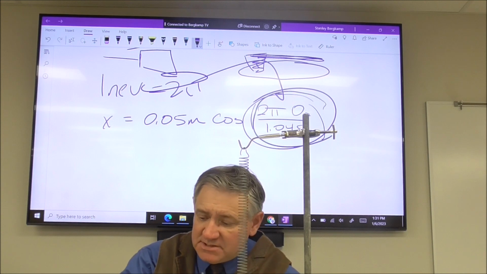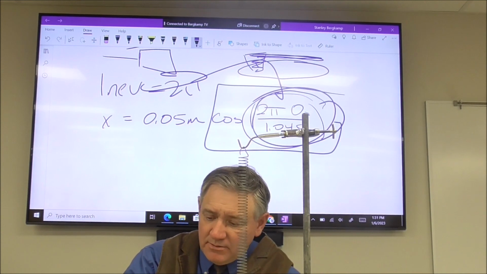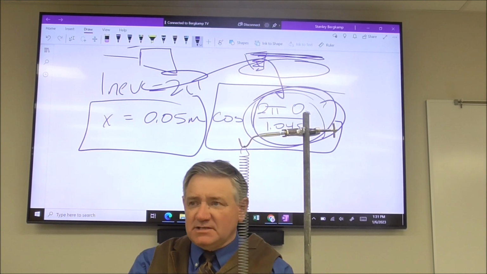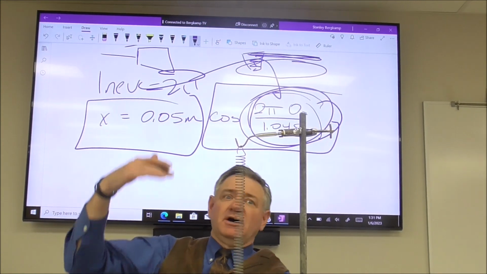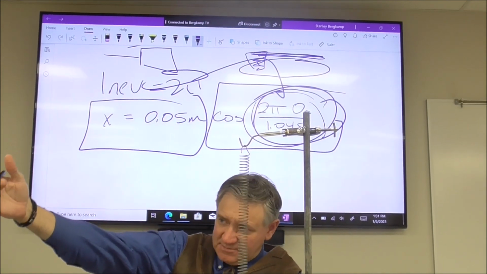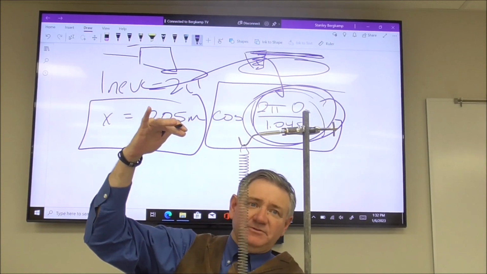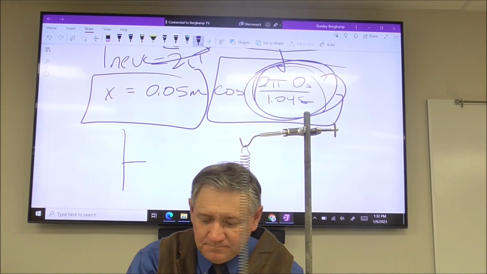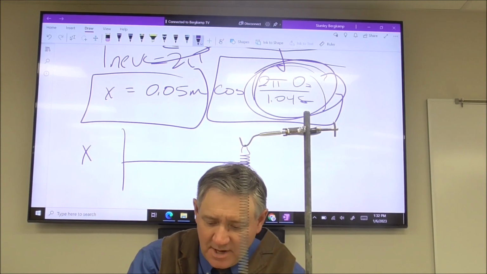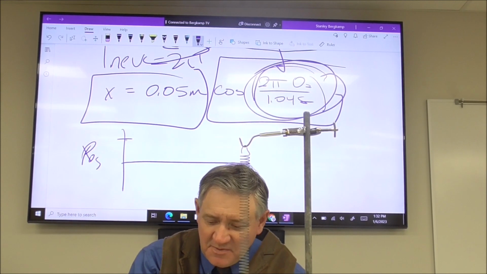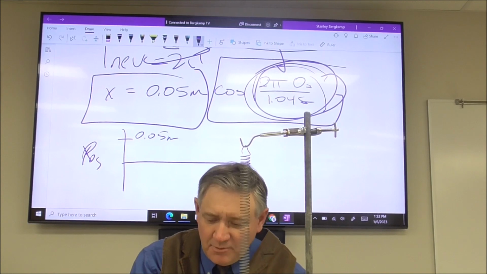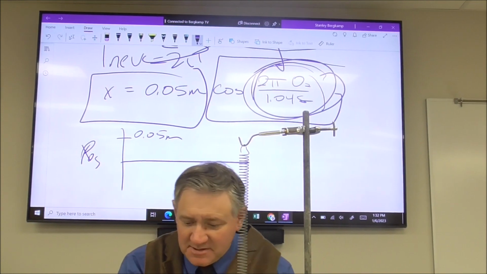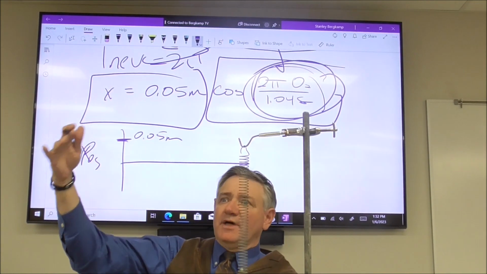So at time 0, cosine of 0 is 1. Guess what? You get a position of 0.05 because that's your amplitude. So this is why, Morello, on your position time graph, you're going to start up there at 0.05 meters. Because at time 0, that's where that is.